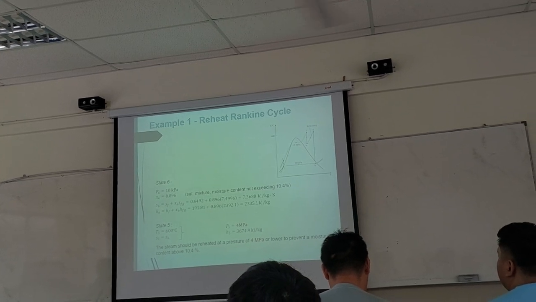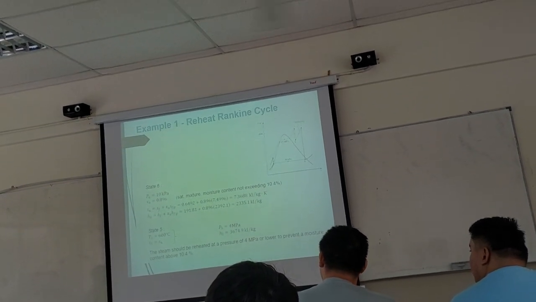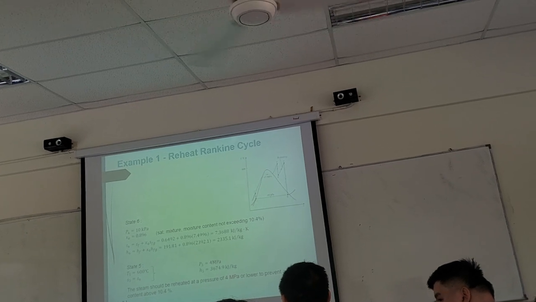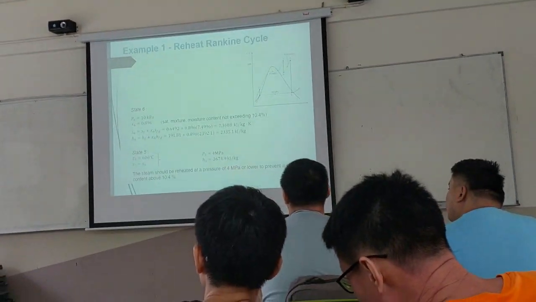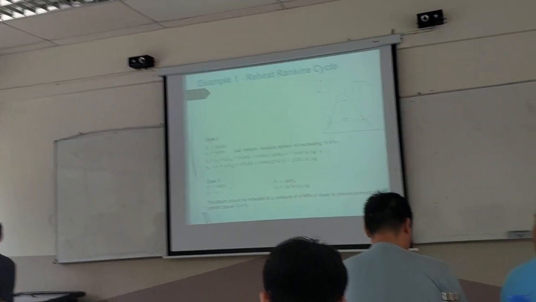If you go above the 4 megapascal, then your moisture content will be... why will it be more? Moisture content will be more than 10.4%. Why? Because just now we used the 10.4% to do the calculation.